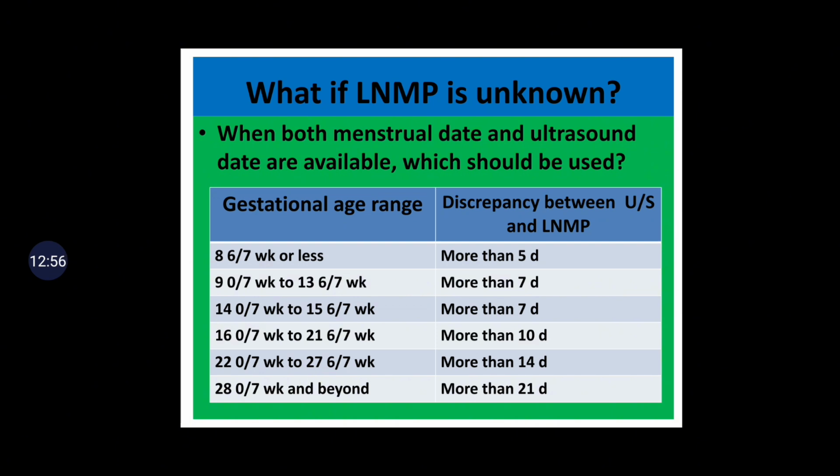For a gestational age range of 9 completed weeks to 13 plus 6 weeks and a discrepancy of more than 7 days.